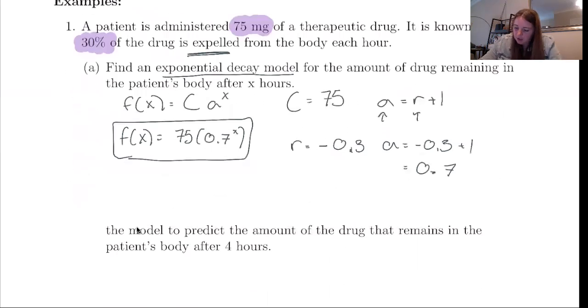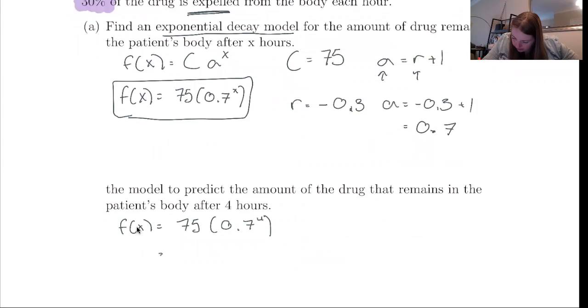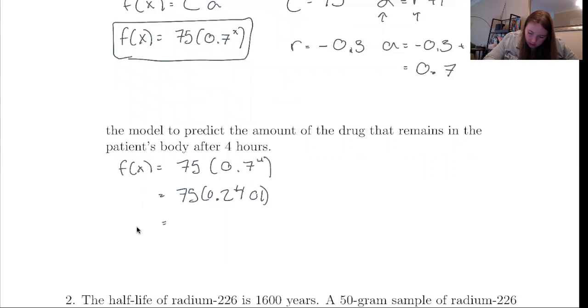Right, so we're now going to use the model to predict the amount of drug that remains in the patient's body after 4 hours. So f of x equals 75 times 0.7 to the 4. 0.7 to the 4 is 0.24.